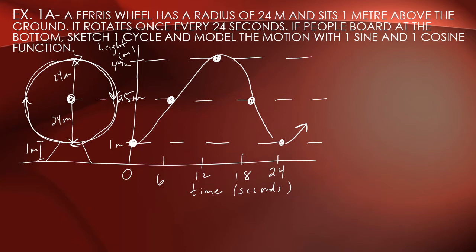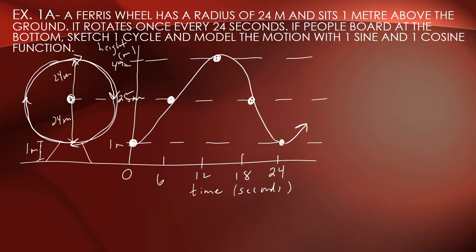Now we don't have an arrow on the other end because you can't go back in time, but we have an arrow on the right side because this keeps going on forever. Even though I said sketch one cycle, I guess I shouldn't have put the arrow there, but I just wanted to indicate that it does keep going on and on forever, or until the Ferris wheel stops.